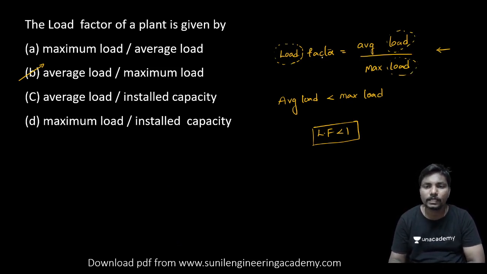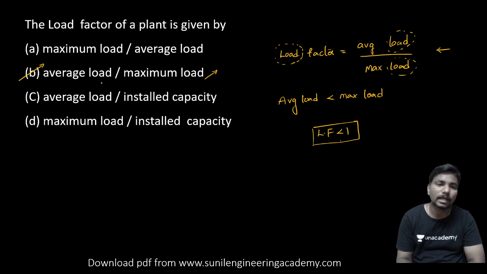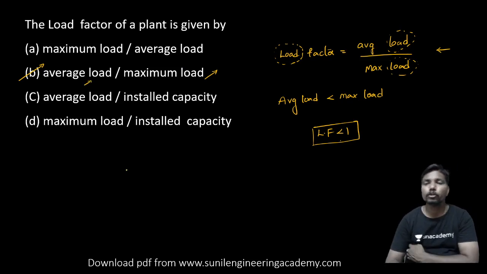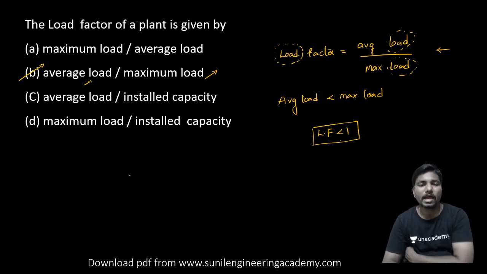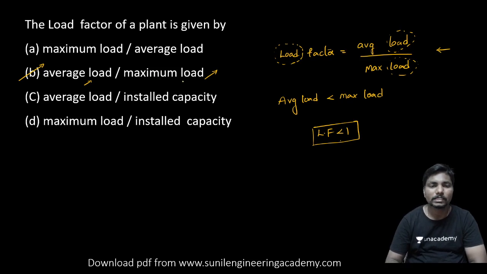So average load by maximum load, and its value is less than 1. Less than 1 means the numerator will be less and the denominator will be more. So numerator is less means average load is less. Like that you can remember: on the top side average load, and below maximum load. The other options are not associated with load, so we can eliminate these two.